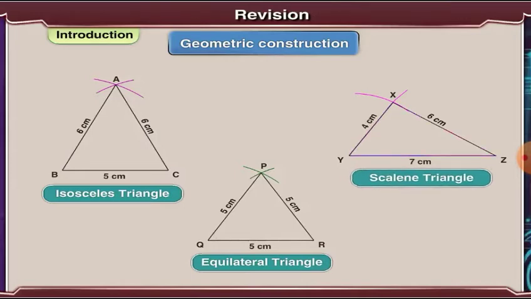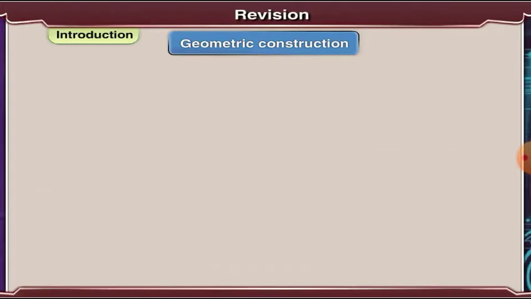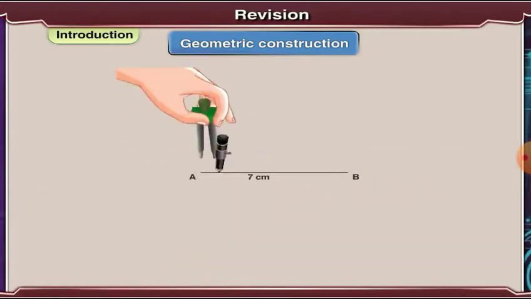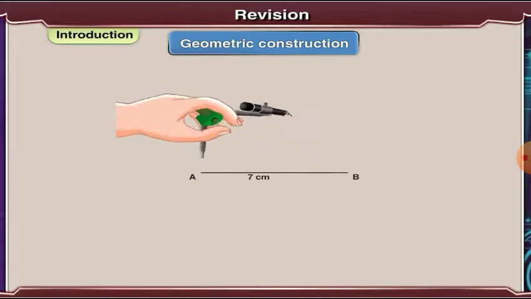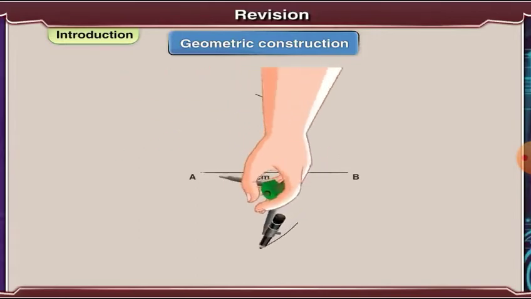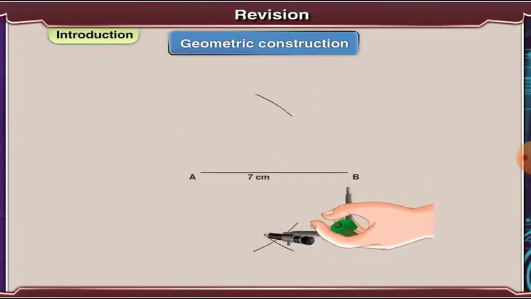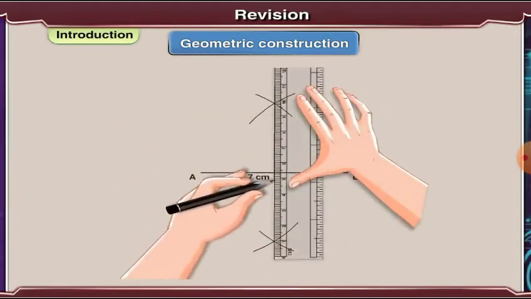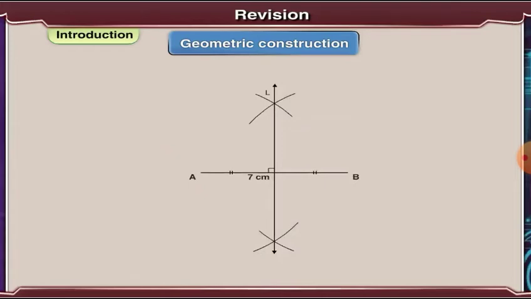We have also learnt about the perpendicular bisector of a segment. We have studied the property of the perpendicular bisector, that every point on the perpendicular bisector is equidistant from the endpoints.